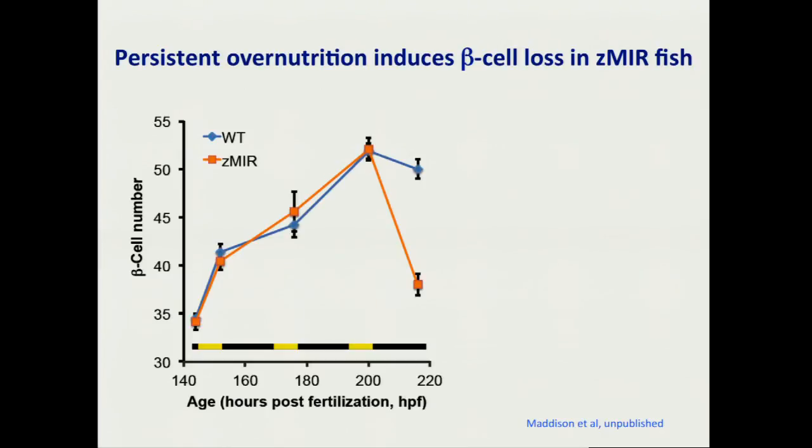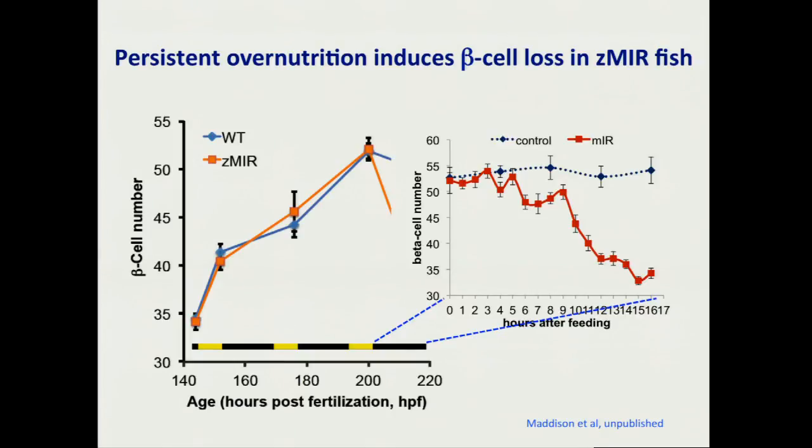You can see the initial compensation, the second day still compensating, and the third day still compensating. But for whatever reason, during the night of the fourth day, in this nutrient-free period, the beta cells just disappear. Almost 40% of the beta cells are gone.